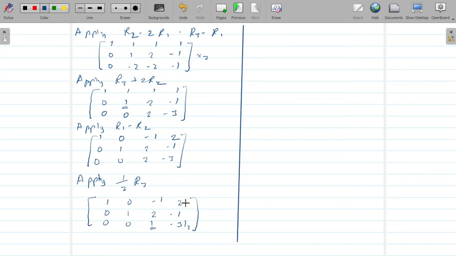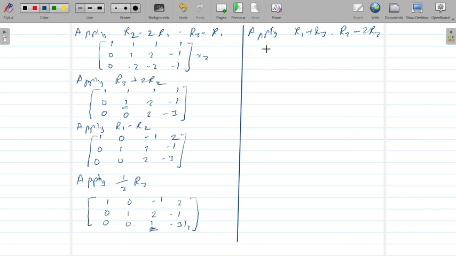So this entry I have to make 0, so in that column you can apply R1 plus R3 and then R2 minus 2 times R3.